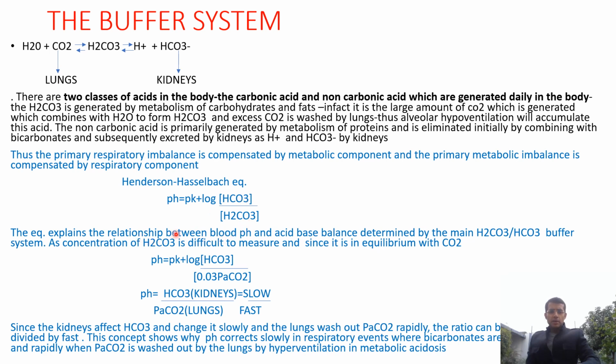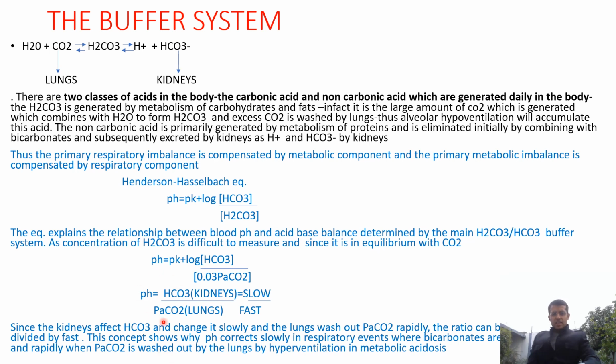The equation explains the relationship between blood pH and acid-base balance determined by the main H2CO3 by bicarbonate buffer system. As concentration of H2CO3 is difficult to measure, and since it is in equilibrium with carbon dioxide, pH is equal to pK plus log of bicarbonate over, so the H2CO3 was substituted by PaCO2.